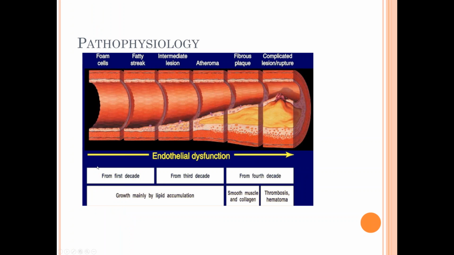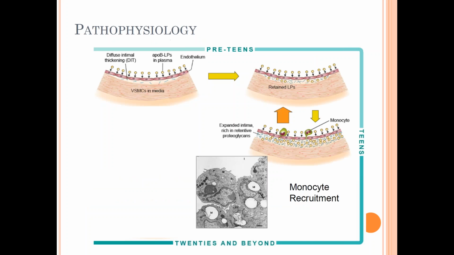So this is basically the progression of atherosclerotic heart disease, beginning early in life, from the progression for a lipid-rich core, eventually to smooth muscle and collagen, fibrous cap, and eventually thrombosis, causing acute myocardial infarction. This is basically a breakdown of the physiology. You have retention of lipoproteins, and that leads to recruitment of monocytes.